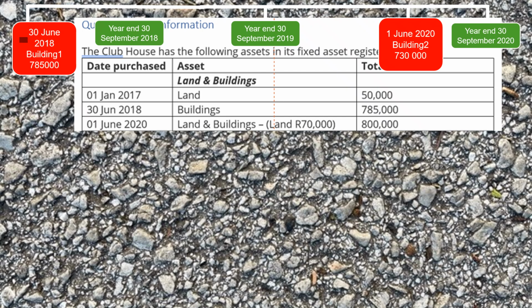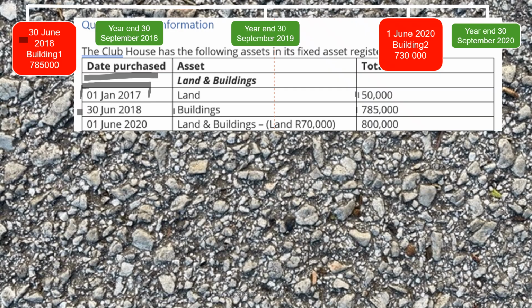On the 30th of June, it says date purchased. There were buildings of 785,000. Now remember, in this example here, there's land that was purchased on the 1st of January 2017, 50,000 Rand. But remember, when we do the depreciation, we leave out the land.